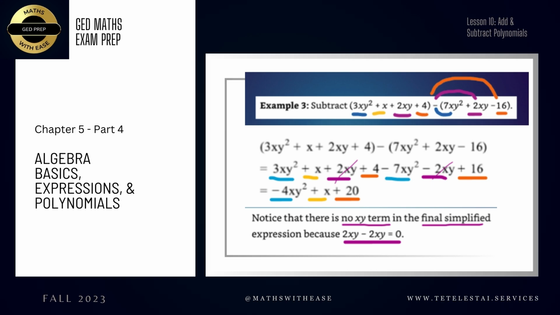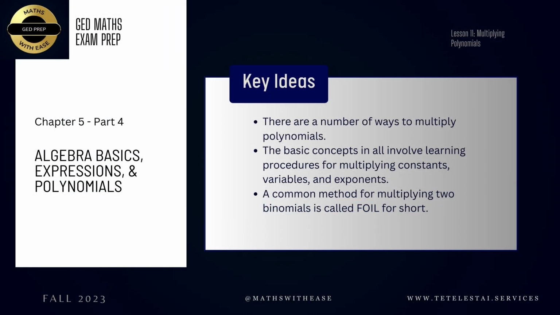But this is telling you that there are a number of ways to multiply polynomials, and the FOIL method is one, okay? And there are different polynomials as we've seen, right? Let me not complicate the lesson, but let's just keep going. I think you will understand this better as we continue, okay?